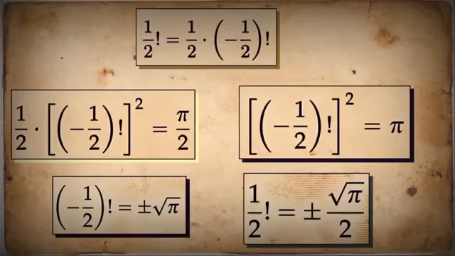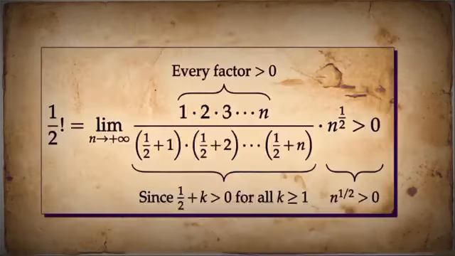The sign is resolved by returning to Gauss's formula. Looking at the formula for the factorial of 1/2, the numerator is a product of positive integers. The denominator is a product of positive terms, since every factor 1/2 plus k is positive, and n to the 1/2 is positive. Every single piece of the expression is strictly positive.